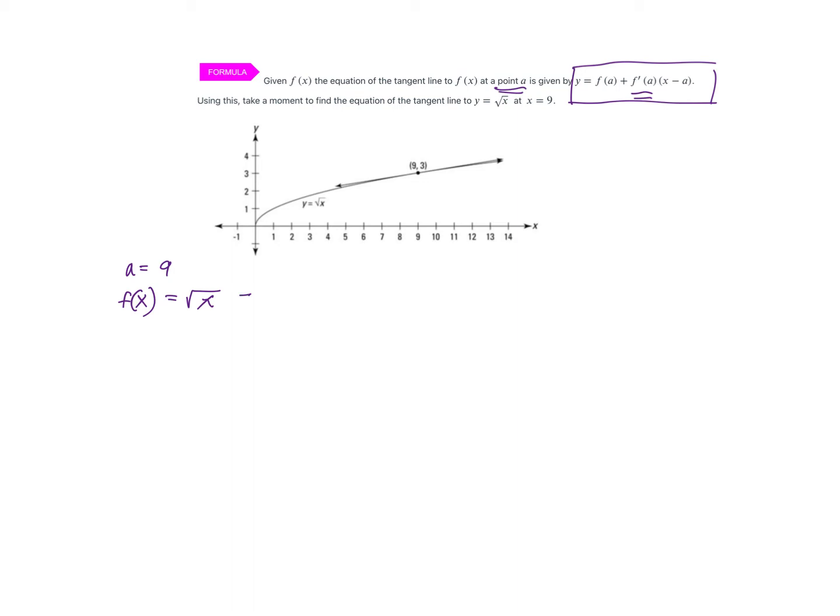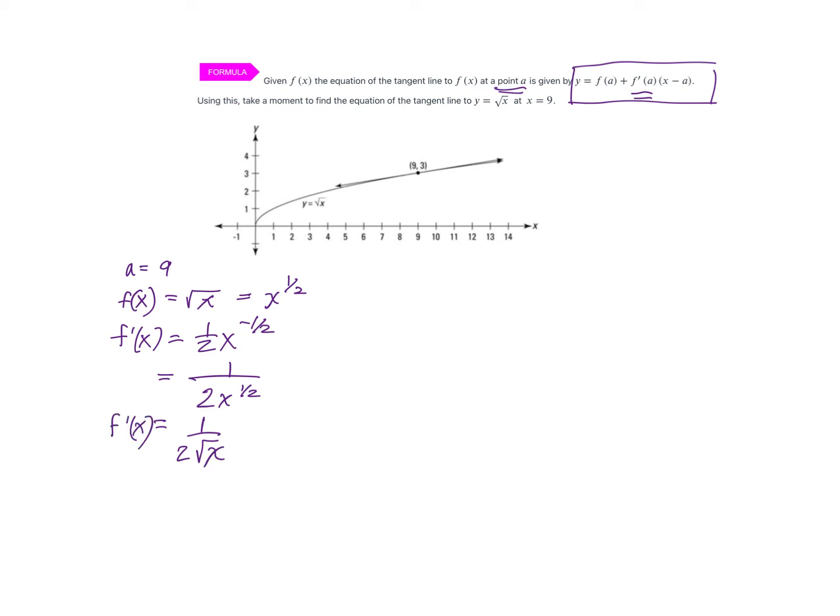So let's rewrite f of x as x to the 1/2. So f prime of x is equal to 1/2 x to the negative 1/2. And remember, this can be rewritten by bringing the x down to the denominator to make the exponent positive, so it's 1 over 2 times x to the 1/2, which is equal to 1 over 2 root x. All right, so that's my derivative.